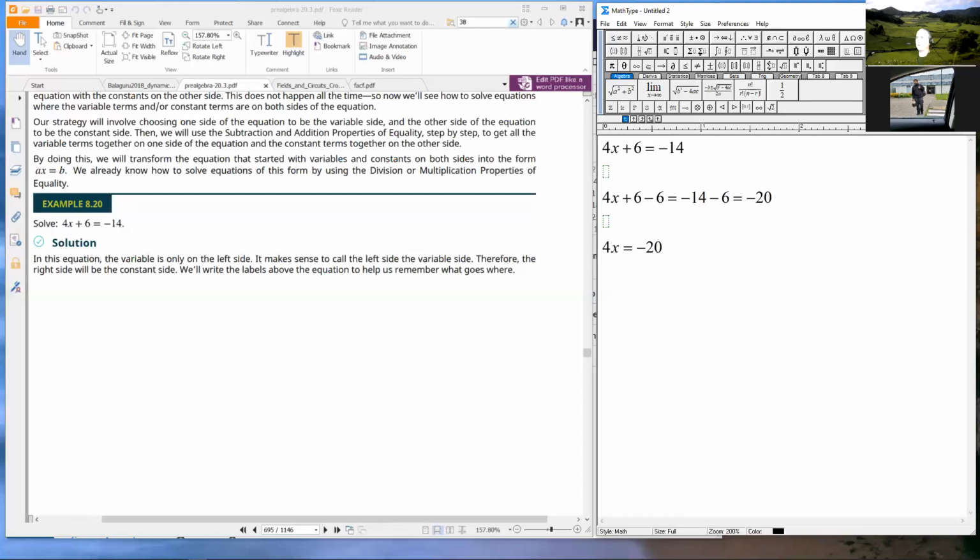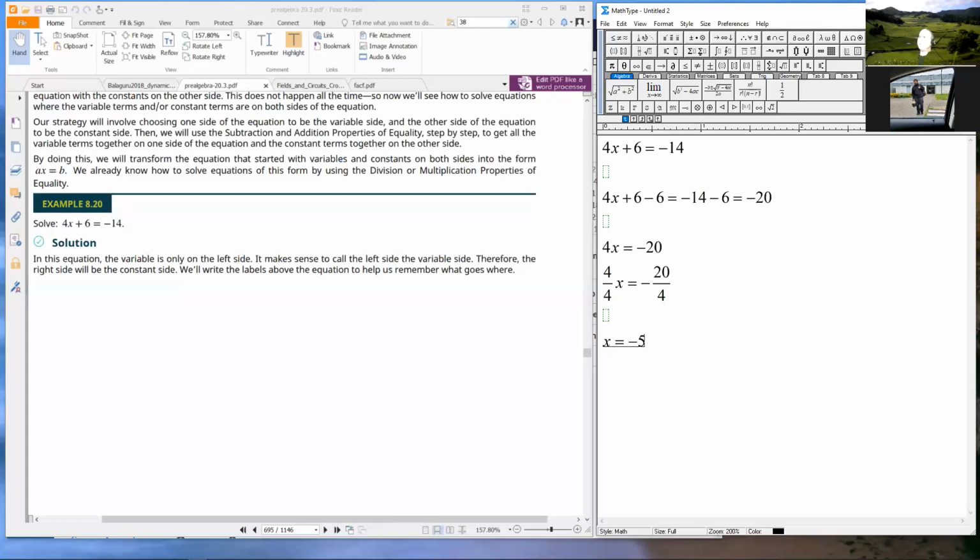We have to divide through by 4, both sides by 4. So 4x divided by 4 is x, and negative 20 divided by 4 is negative 5. So this is now x equals negative 5.